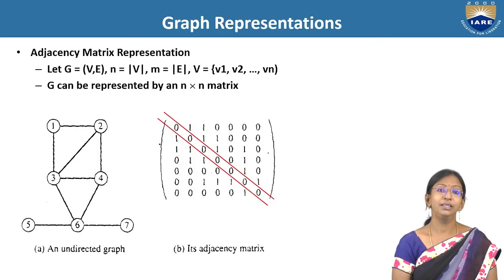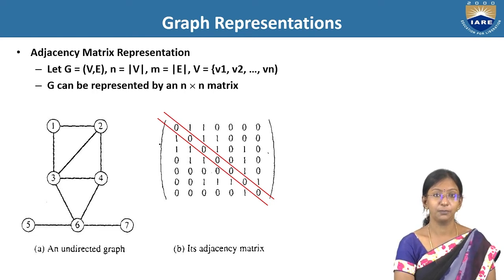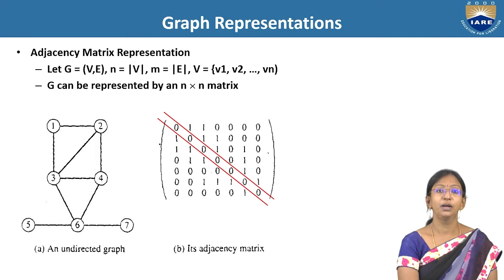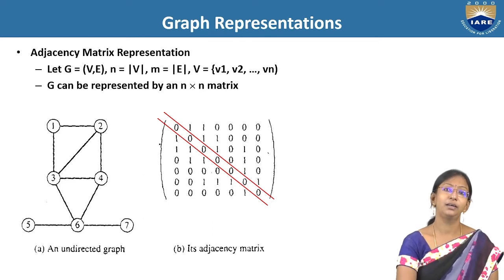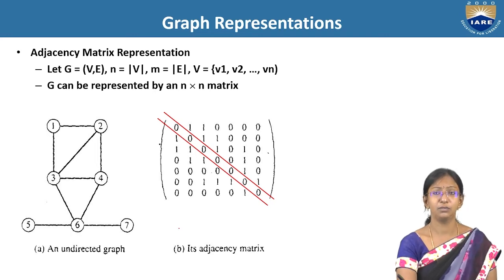Okay, so these graphs can also be represented using matrices, right? I've taken an example of an undirected graph with, say, 7 vertices, and the adjacency matrix of that can be drawn in this manner. Have a look at this one. As 7 vertices are there, I'm going to take a 7 by 7 matrix.